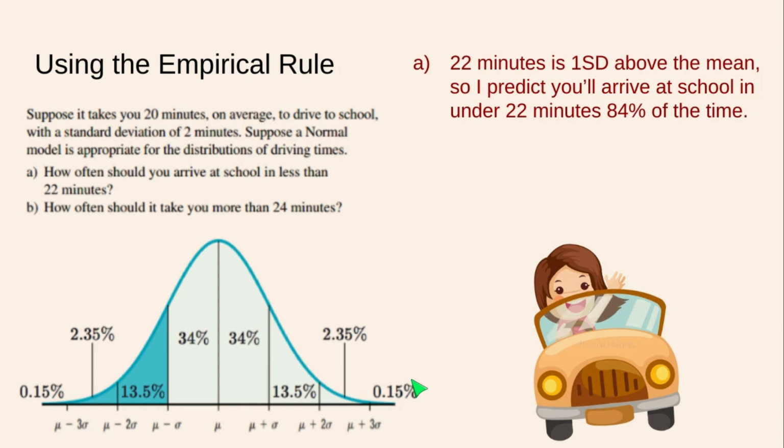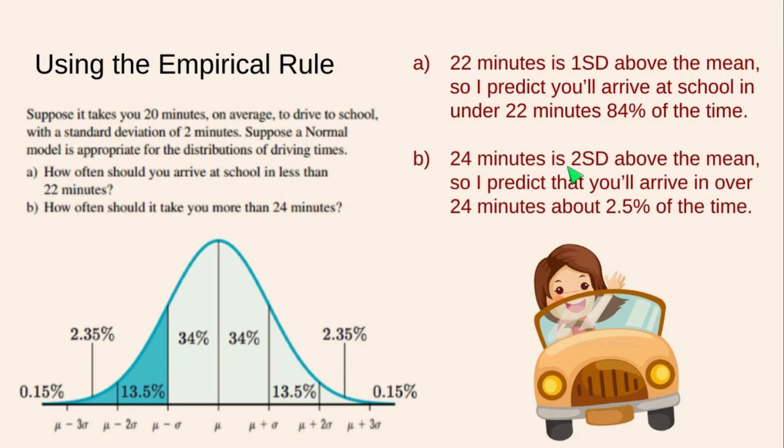That's a useful tip to know. So if we're talking under 22 minutes, 1 standard deviation to the right of the mean would include all of this area over here, which would be 50% plus 34 is 84%. Right? So we're 84% likely to arrive in under 22 minutes.